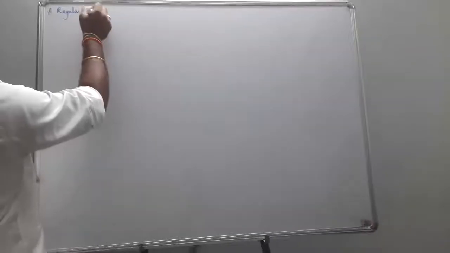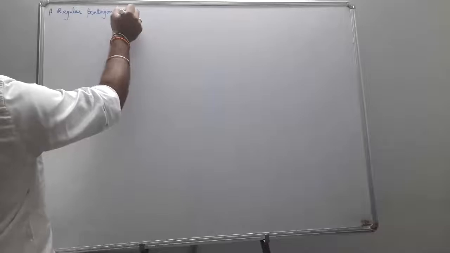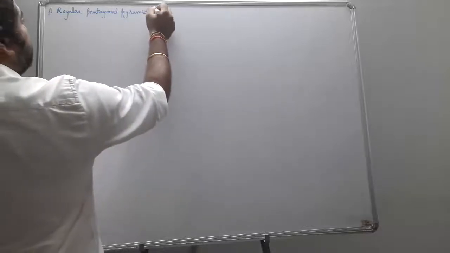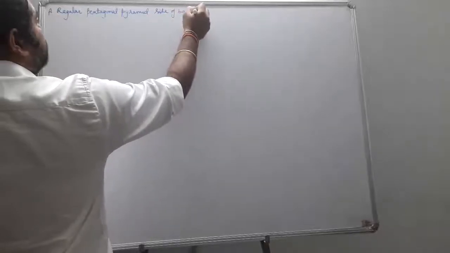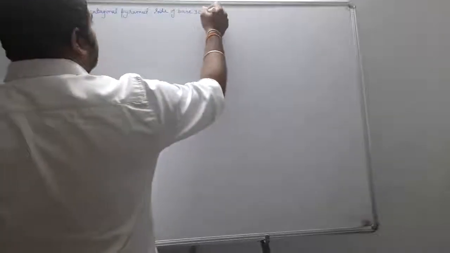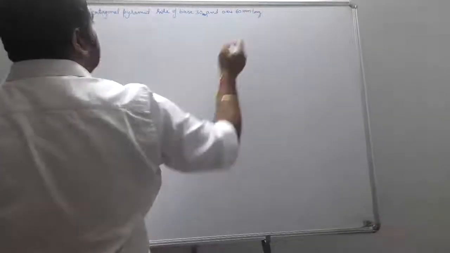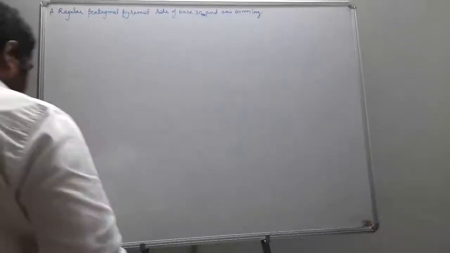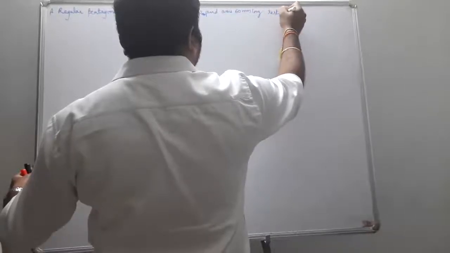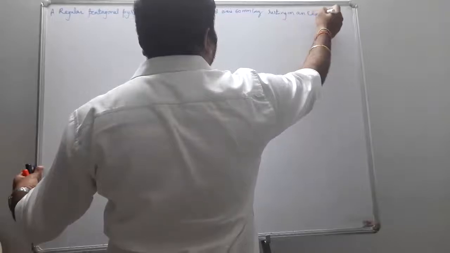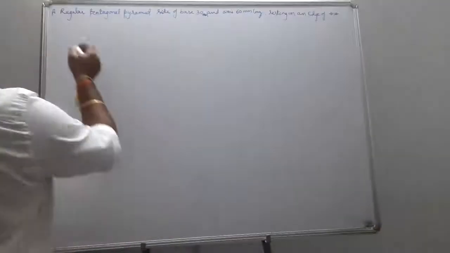Write a problem. A regular pentagonal pyramid, side of base 30 and axis 60, resting on an edge of the base.